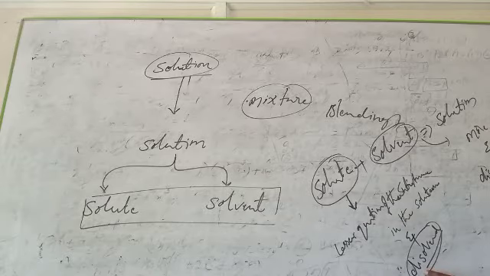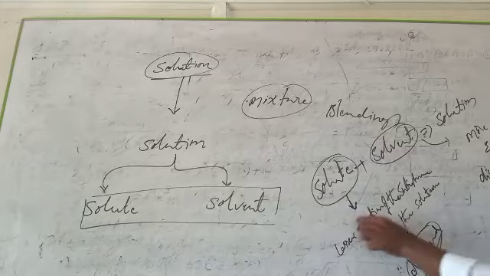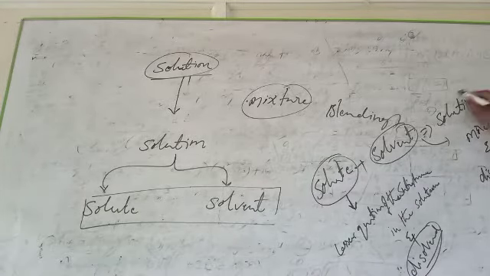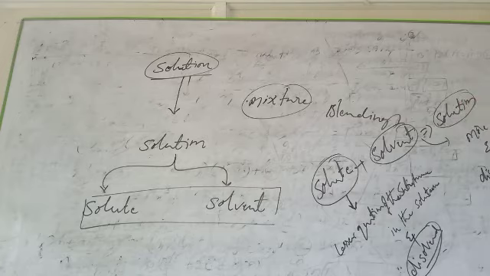Solute is the dissolved substance, meaning the substance is dissolved in the solution. How does it dissolve? It is mixed with solvent. So solvent is the dissolving substance.